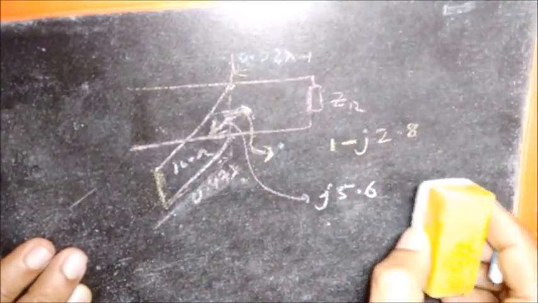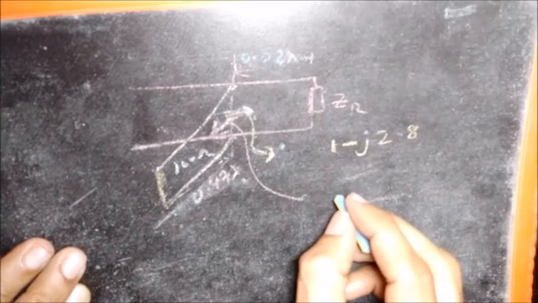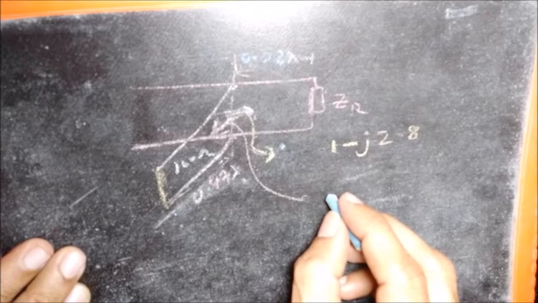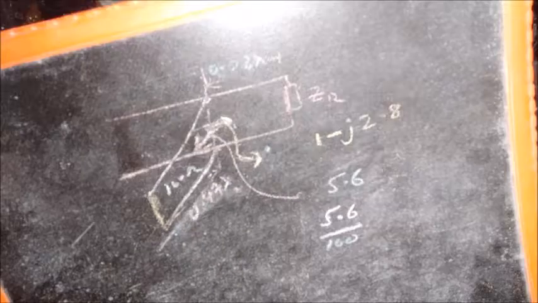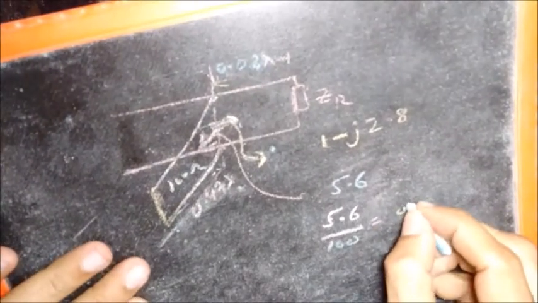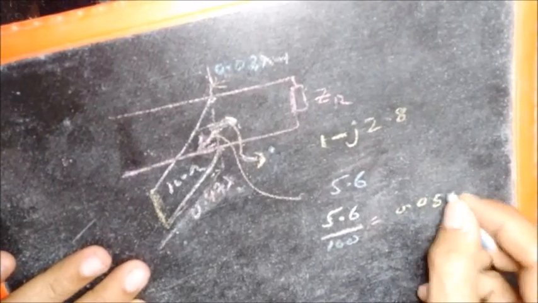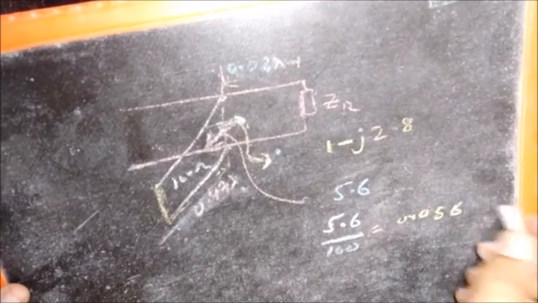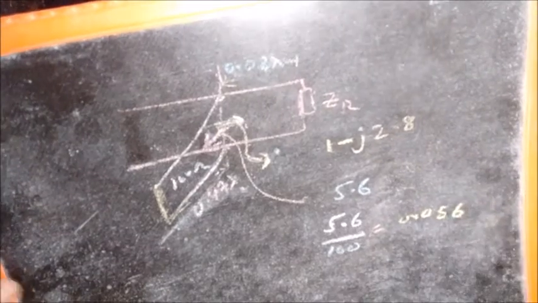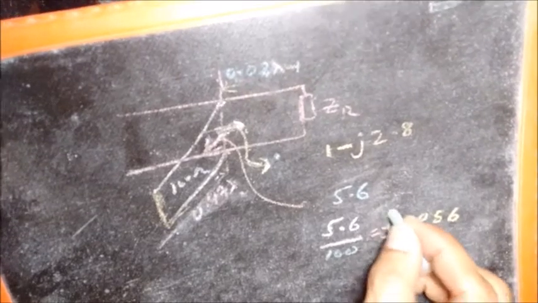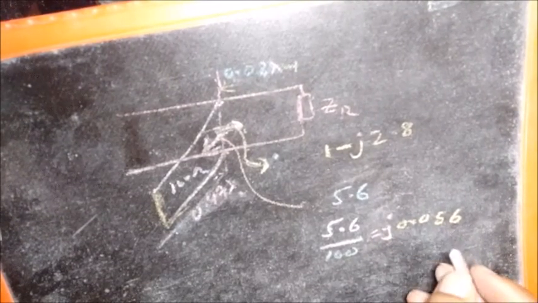To find the actual admittance, this is normalized with respect to 1 by R naught, so I have to multiply with 1 by R naught. That will be 0.056. That will be the actual admittance, and it will be susceptive, so j0.056.